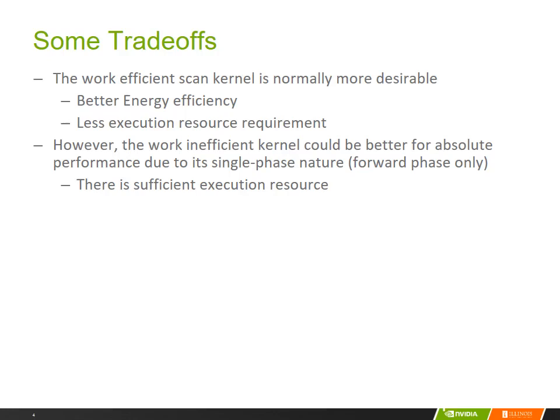However, the work-inefficient kernel could be better for absolute performance because it only requires a single phase, which is the forward phase. And whenever there are plenty of execution resources and there is no energy consideration, we can actually get higher performance out of the work-inefficient kernel.